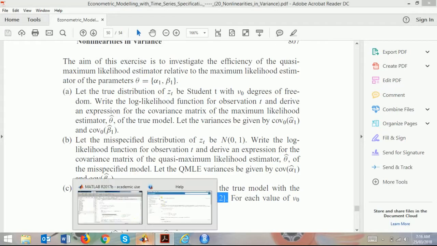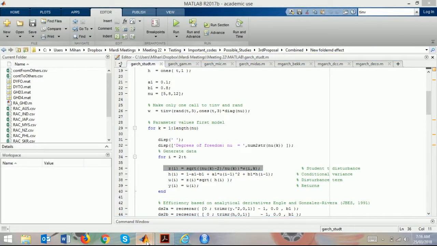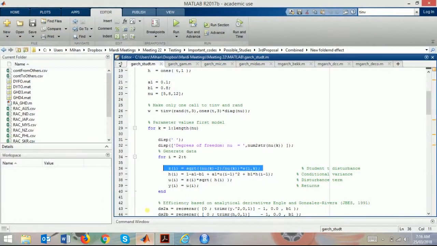Okay, let's see. But did I jack in random T3, random T rows 3 columns is my probability distribution.